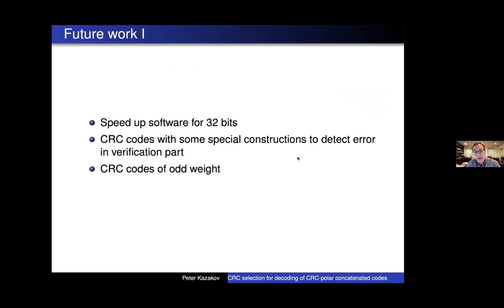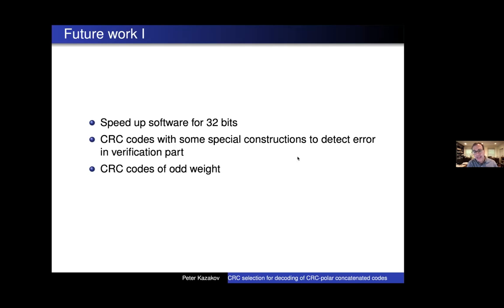So what I'm wondering is, are you interested in this idea that maybe the best distance spectrum of the CRC code by itself isn't enough to tell you about how it will perform in conjunction with the polar code? Because there's a mapping: you have an error pattern of a certain weight, and you're trying to make that weight as large as possible.